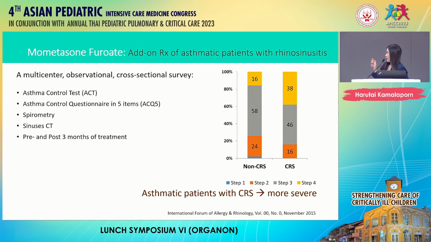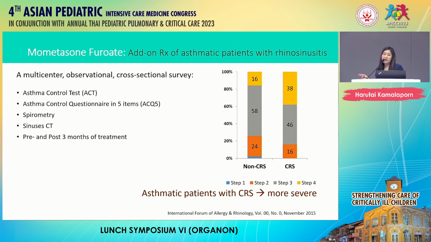And with asthma, Dr. Bandan mentioned asthma and the treatment before, we have to be concerned about comorbidities such as chronic rhinosinusitis. Here, we compare asthma patients with and without chronic rhinosinusitis. As you can see, the yellow bar here is severe asthma that needs step 4 treatment. Because they have the comorbidity, chronic rhinosinusitis, they have the highest proportion of severe asthma.